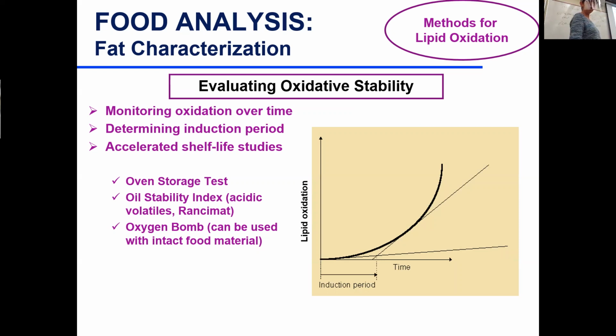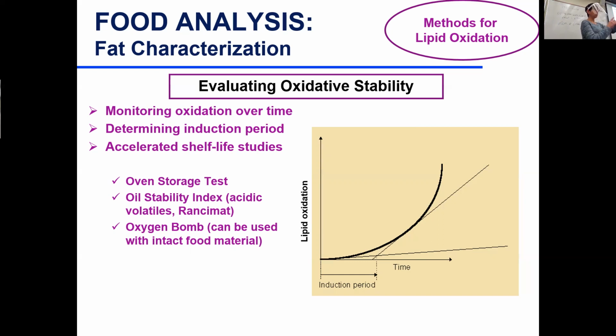So the second one is the oil stability index. So this one here, you take your oil and you heat it to probably over 100 degrees, 110 to 130 degrees C. And you bubble air through the oil. So you are actually abusing it by heat and giving it oxygen.